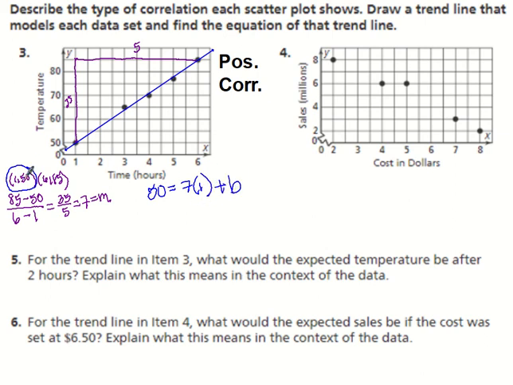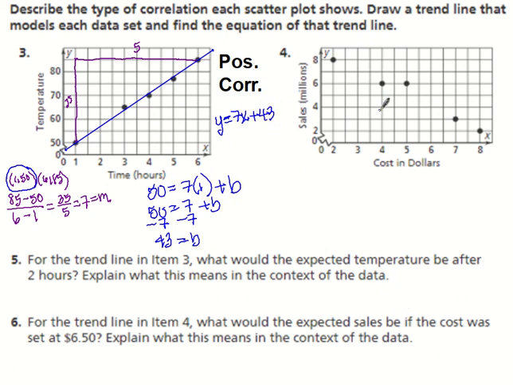So the 50 came from my y, the 7 came from my slope, and the 1 came from my x. So we're going to get 50 equals 7 plus b. I'm going to subtract 7, and we're going to get 43 equals b. And then we have our equation now, y equals 7x plus 43.